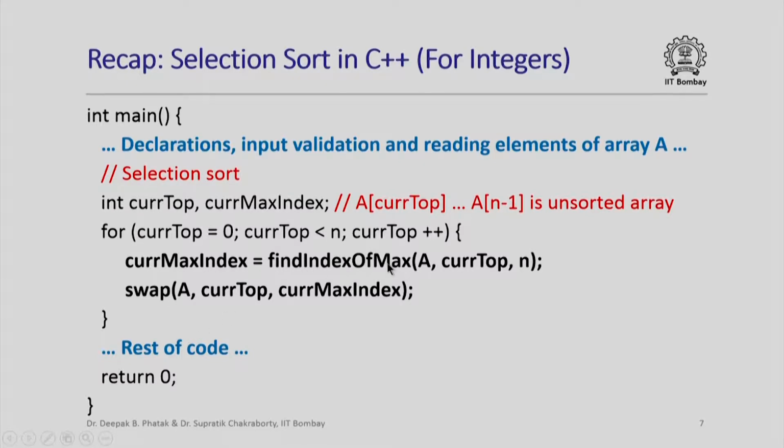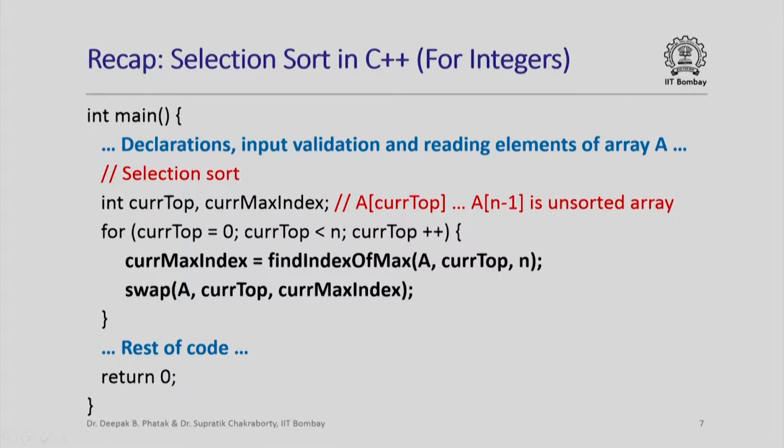Why was it maximum? Because we wanted to sort the array in decreasing order, so we wanted to find the index of the maximum element in the part of array A between indices current top and n minus 1. We found that index and just swapped the elements of array A at current top and current max index, and we just kept iterating through this. When current top finally becomes n, we know that the array A is sorted.